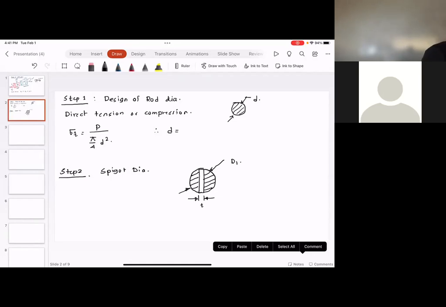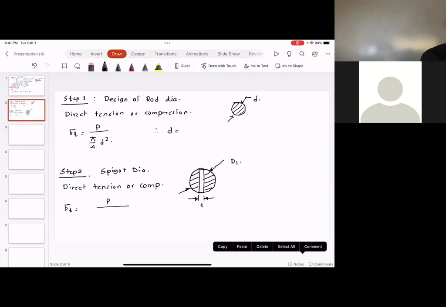Now the failure is also going to be again direct tension or compression. And again, sigma T is equal to P over the area. Now let's take a look at the area.